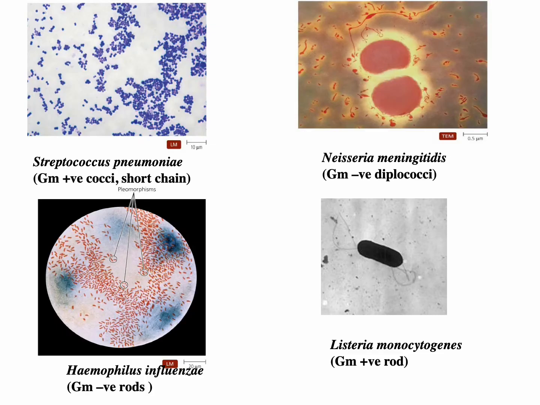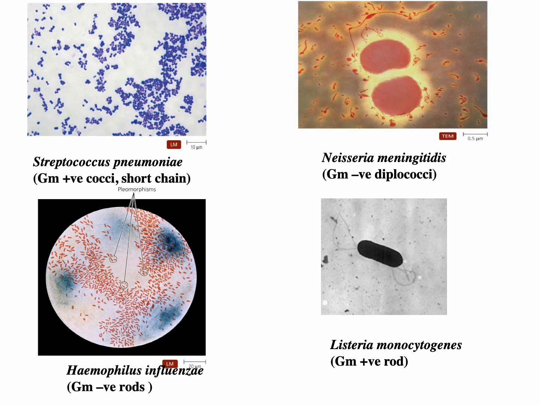So the organisms look something like that, so you get some idea of what we're talking about here. Streptococcus pneumoniae, obviously Streptococcus, we came across that in the last 2 lectures. This is gram-positive cocci in chains, so Streptococcus pneumoniae will have that appearance as well.